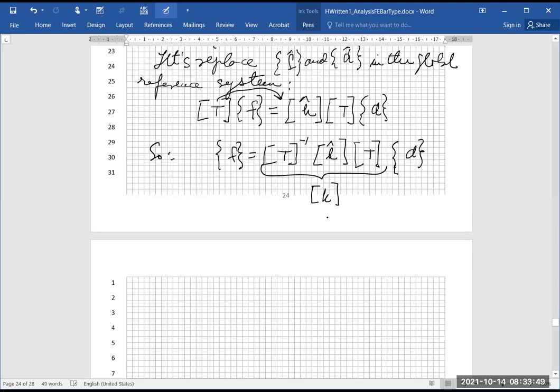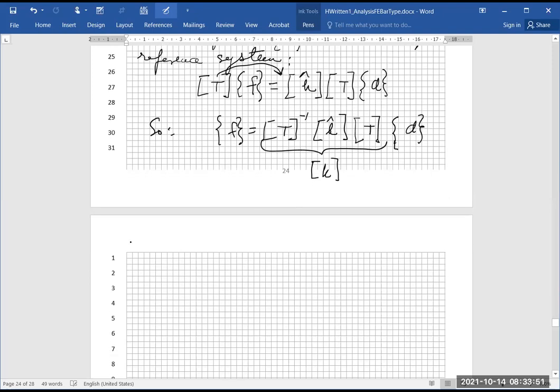And we can say that F is equal to, one of the properties that this transformation matrix has is that the inverse is equal to the transpose. So let me write it like this.